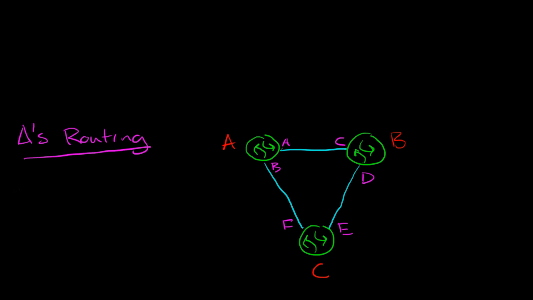And by default, once you do configure the interfaces, it's going to know a few pieces of information here. It's going to know the two IP addresses that it's been configured with locally. So it's going to know A, and it's going to know B. And then, through the magic of subnet masking, it's going to know all the IP addresses that are on this link.